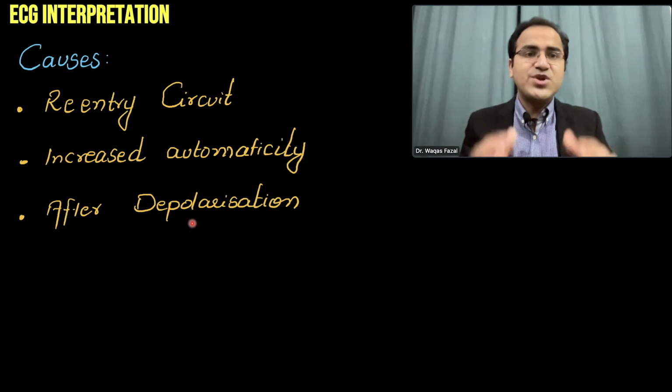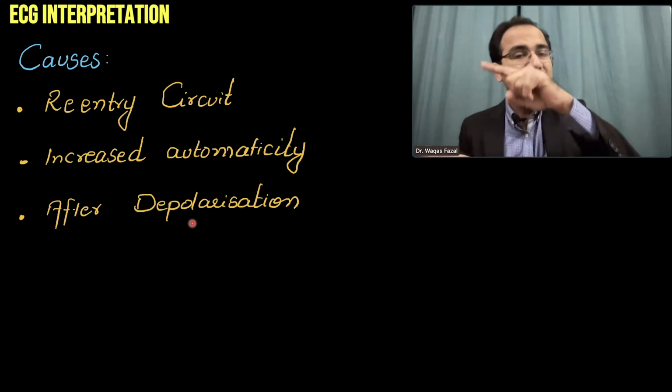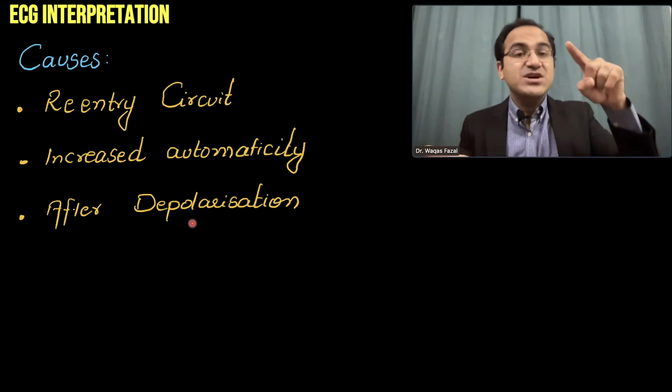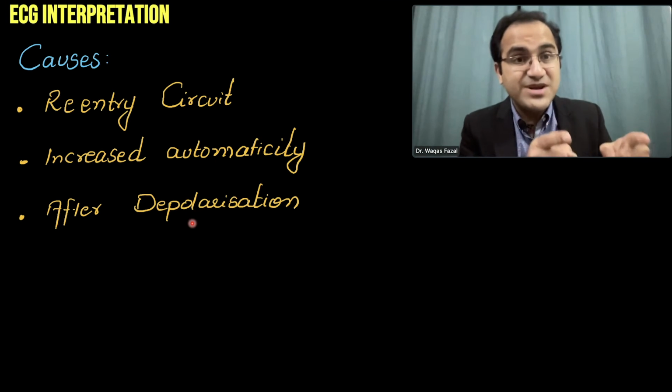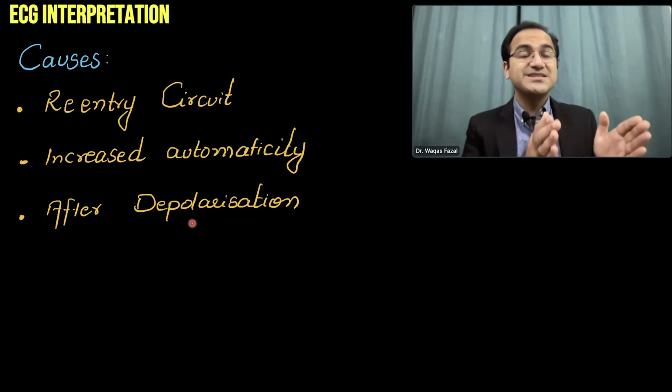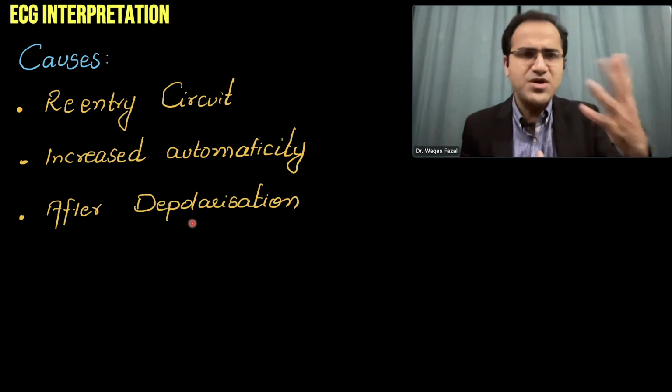After depolarization: normally when the ventricles depolarize, there is a wave and then they repolarize, and during the repolarization period there is a period called the refractory period. In that refractory period, those ventricles cannot depolarize again.